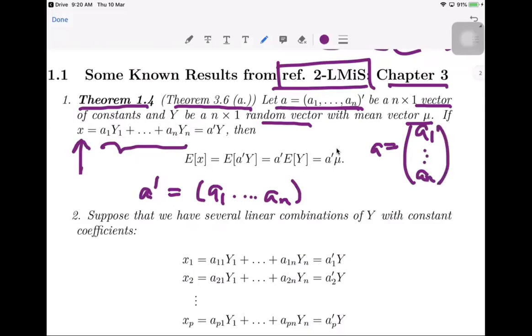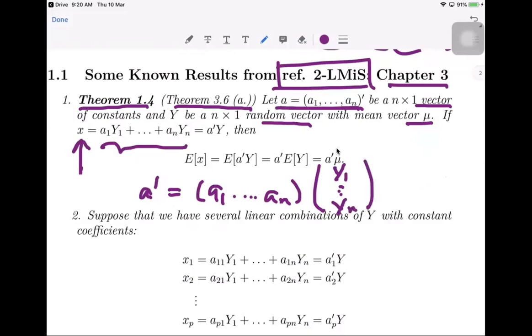So if you get the prime, it becomes a row vector times your column vector y. So a prime y times that will be the sum, which is this, no? The sum of ai yi, i from 1 to n, which is this.